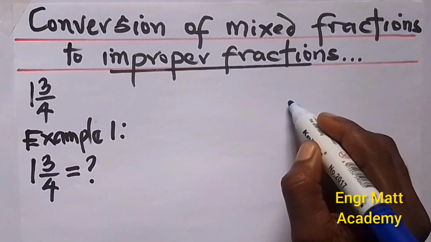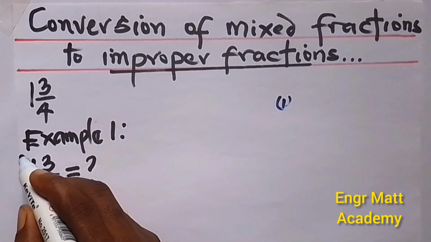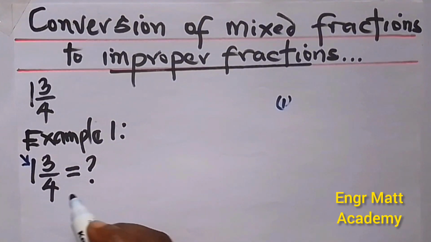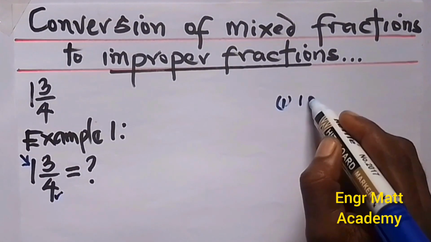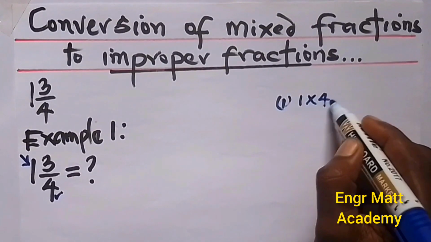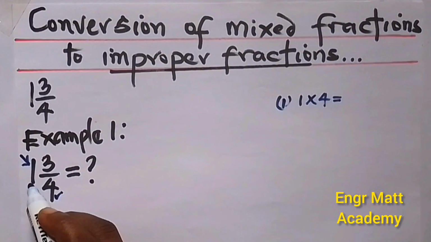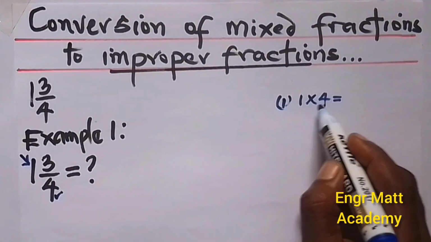The first step is to multiply the whole number, 1 in this case, by the denominator, 4. So we say 1 times 4. Remember, the whole number is 1 and the denominator is 4. So we do 1 times 4.